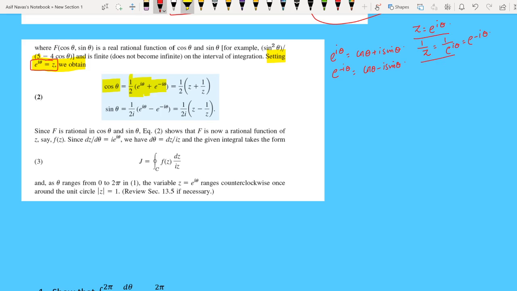Thus we get cos theta is 1 by 2 times z plus 1 by z. Similarly, sin theta is equal to 1 by 2i times e power i theta minus e power minus i theta, which is equal to 1 by 2i times z minus 1 by z.